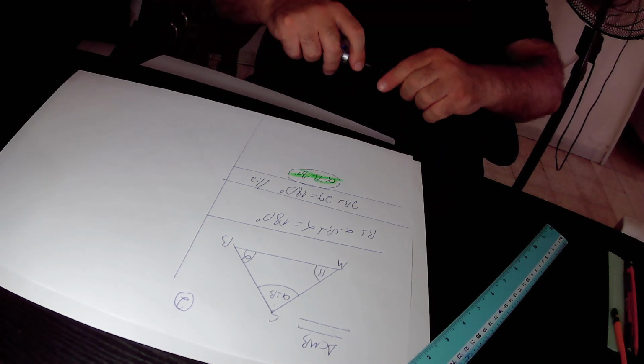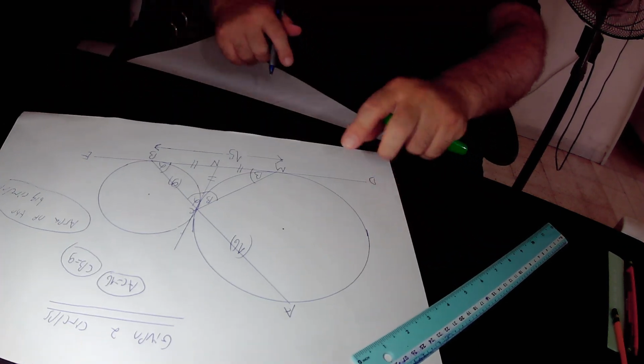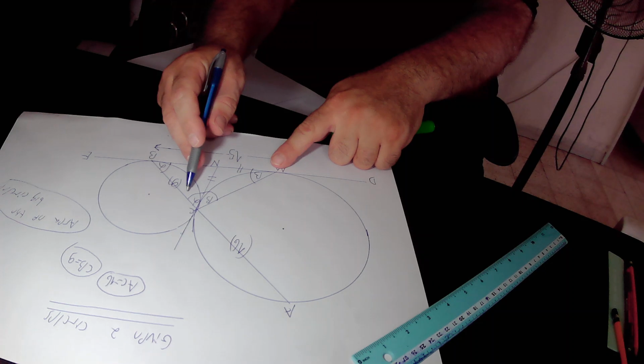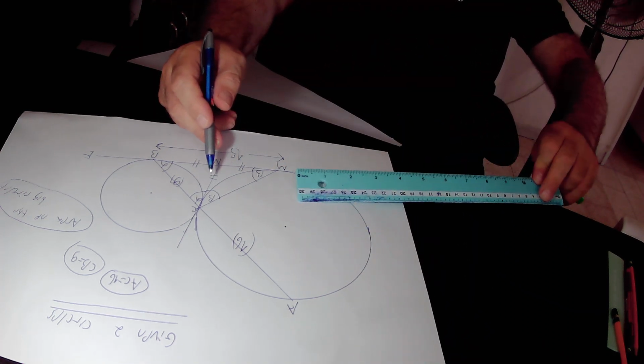So actually, this is angle alpha plus beta, the big angle alpha plus beta. This angle is a right angle.